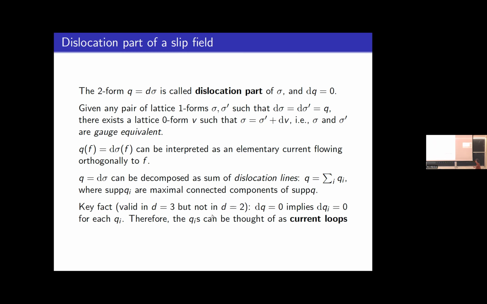So in 2 dimensions, the condition that dQ is equal to 0 just tells you that the total charge is equal to 0. It's a bit like when you think about electrostatics in 2 dimensions.